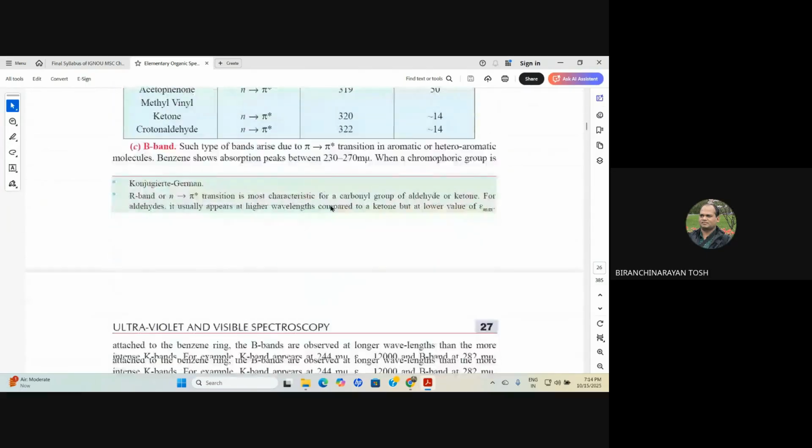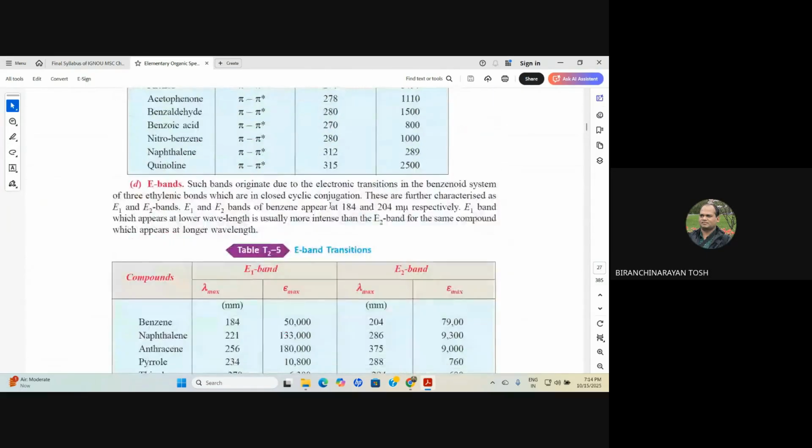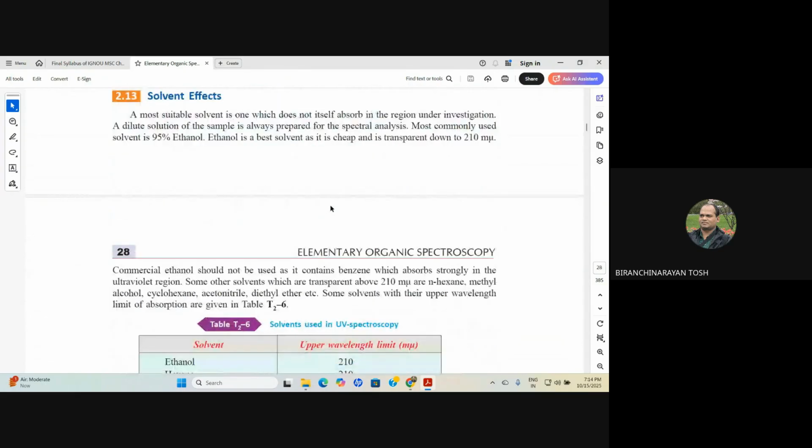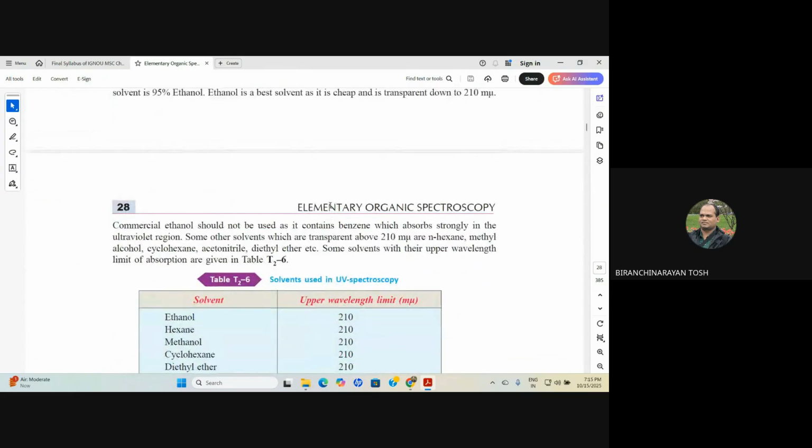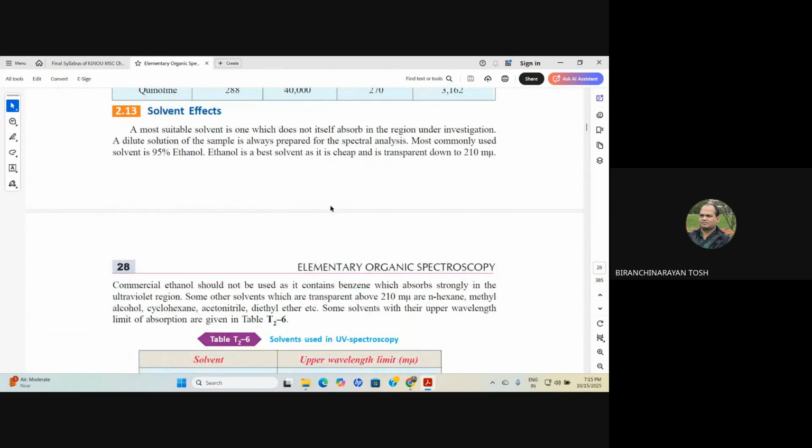This K band, R band not required, go for now. The solvent effect, because as I told in the Lambert-Beer's law, solvent may form complex, so this law is not applicable. But when it is not forming a complex, the most suitable solvent is one that will not absorb in the UV or visible region.